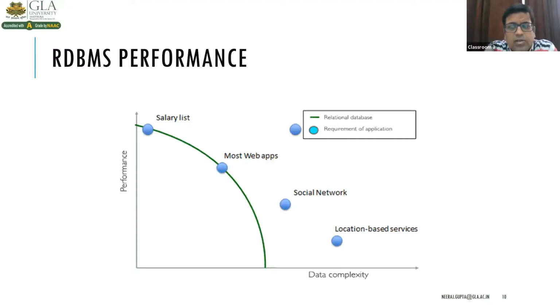But when we want to work with social networks or location based services, RDBMS is not fulfilling that, so it creates a lot of complexity. The highest performance is there only if the requirement is small, like finding out a salary, where we want to store things and retrieve things. At that time we use RDBMS.